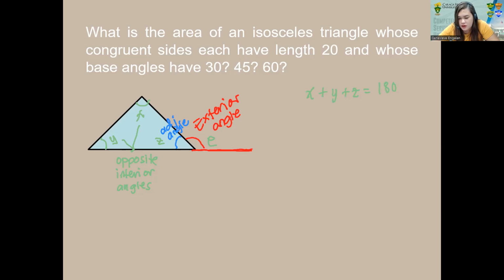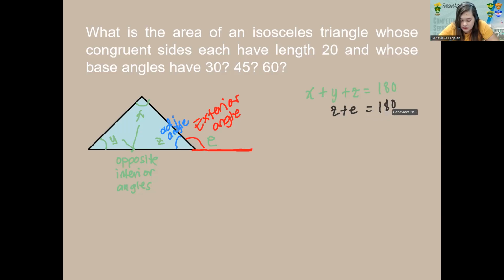Supplementary. So they form a linear pair. So pasabot they are supplementary. Kay supplementary man sila, ang ilahang sum is 180. So pasabot si z plus ang exterior angle is also equal to 180.